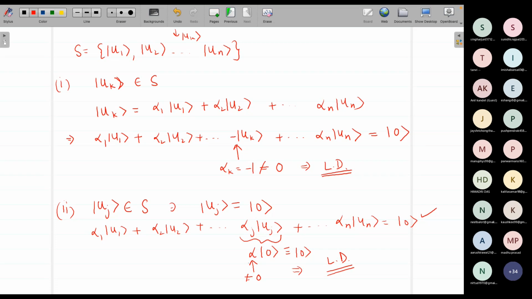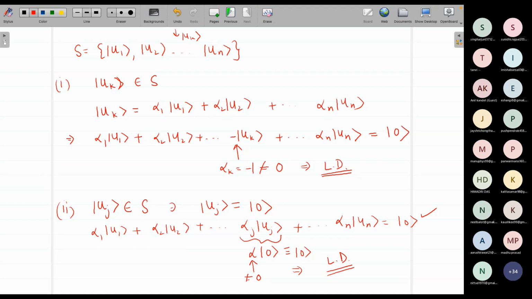If any other possibility exists, then the set is linearly dependent. In this case, you can put any value, in fact infinite values, to alpha and you are still getting this equation verified. And hence one of the alphas is not equal to 0 whenever one of the vectors is a 0 vector.